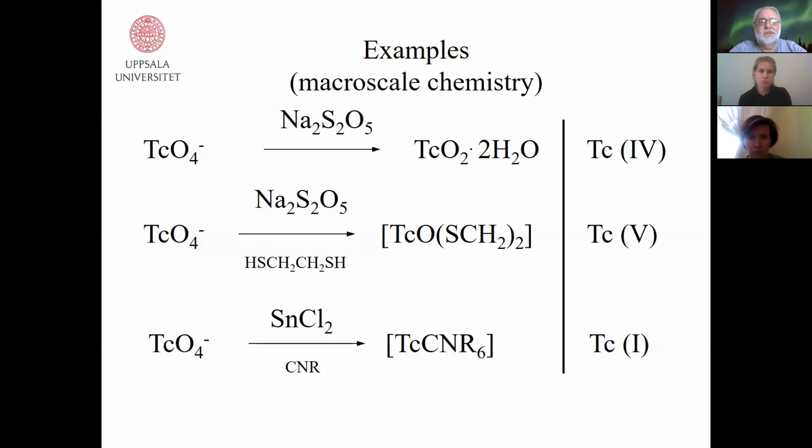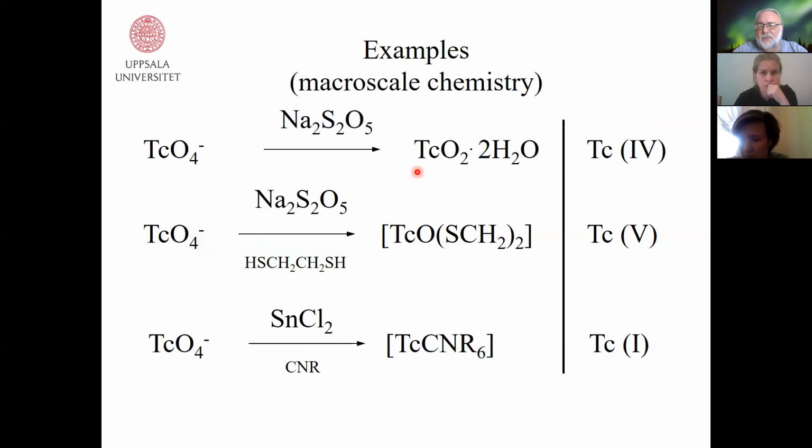And what has been shown is that if you, for example, reduce pertechnetate with sodium metabisulfite, then the product is technetium O2 hydrate, which is technetium 4.